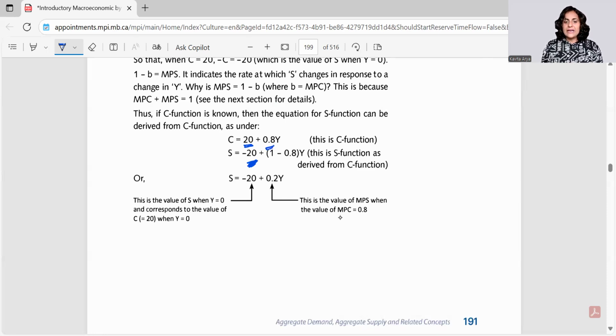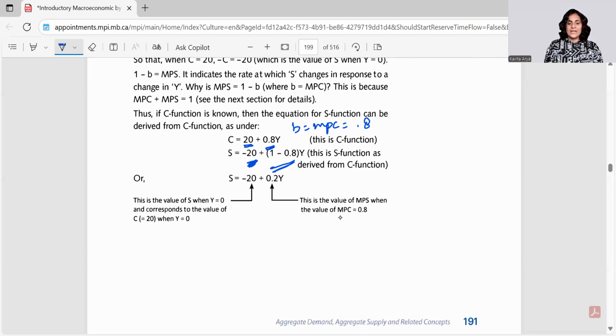This is 0.8, and we talked about this point as B or MPC. It means the propensity to consume, and that is 0.8. So this becomes the propensity to save, and that is 1 minus 0.8. Hence, it becomes 0.2. So there is a relationship between these two. MPC plus MPS makes 1.